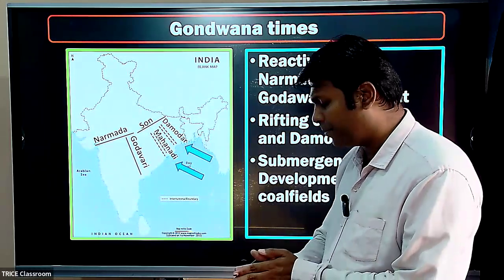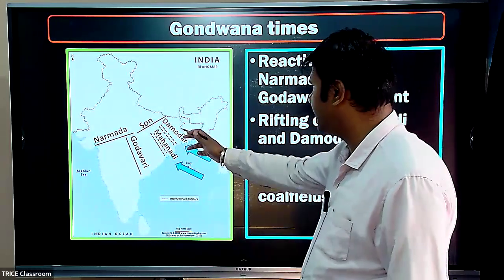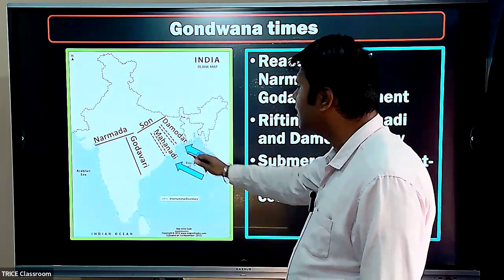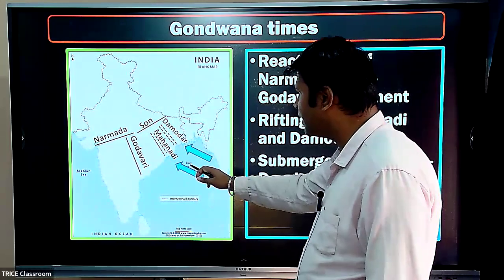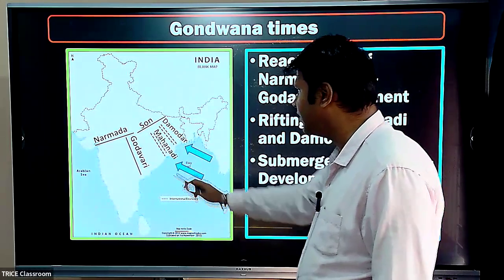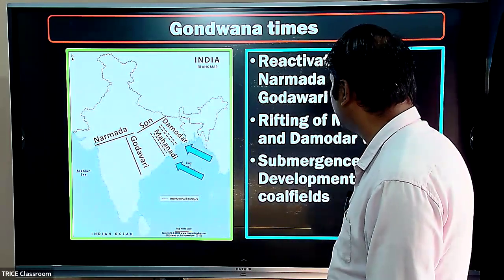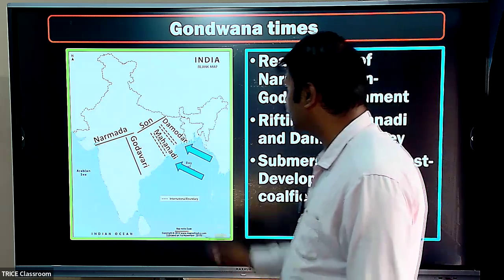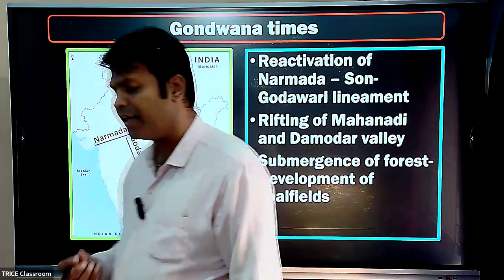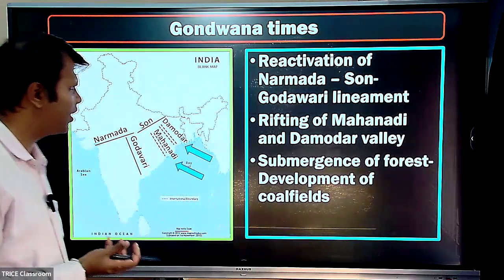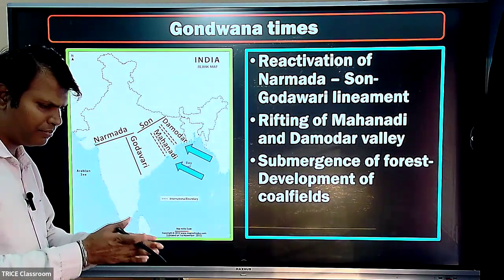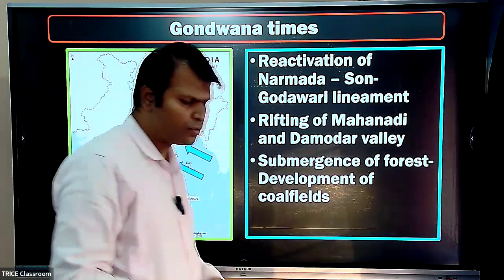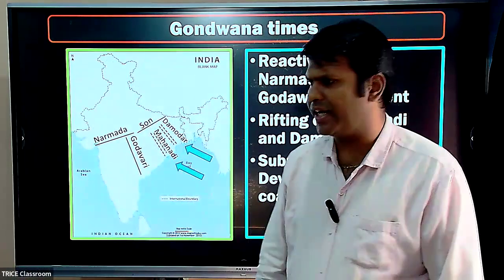So this complete rifting of these land masses again caused a narrow pathway. This is where you today find the Damodar River and the Mahanadi River flowing, right? So the fault line in the Singhbum Plateau got activated. There was rifting, that is, a gap was created between these two land masses.